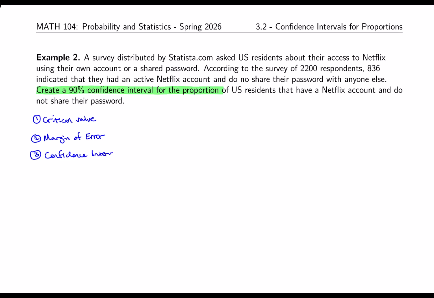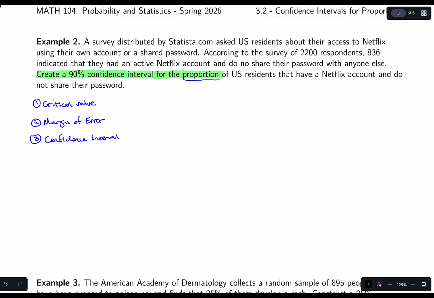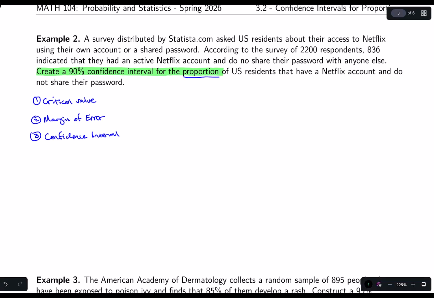Now, these are the same steps, whether we're doing a confidence interval for proportions or a confidence interval for the mean. It's just how we come up with the critical value or the margin of error might be slightly different from one case to the next. All right, so we're doing a confidence interval for a proportion. So let's get started with the critical value.